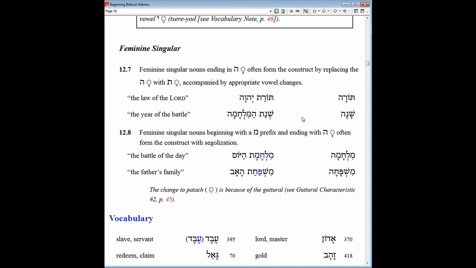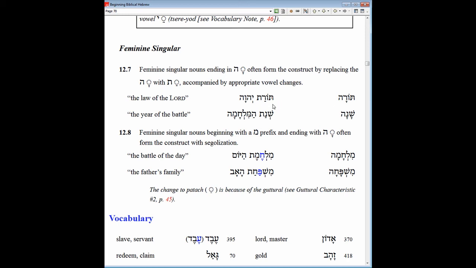Feminine singular, we have the word Torah, law, but here we have Torat Adonai, Torat Yahweh. You'll notice that qamets he, feminine singular ending, has changed to at. The he changes to a tav, and then you have this vowel change.